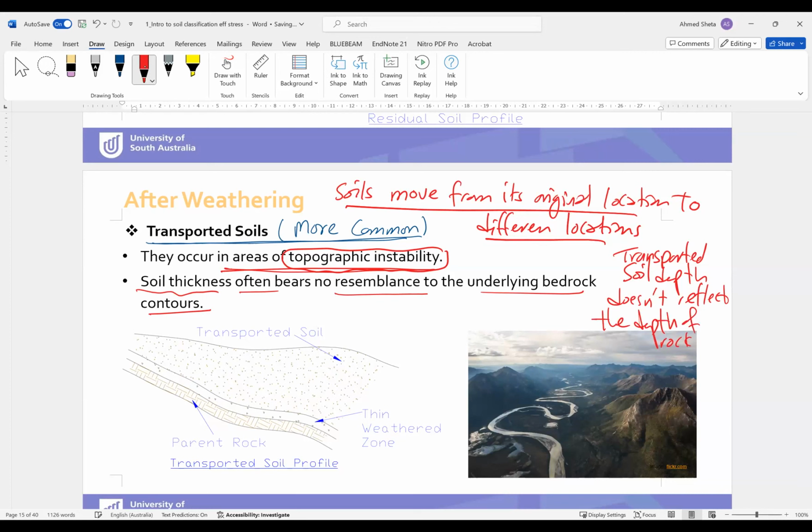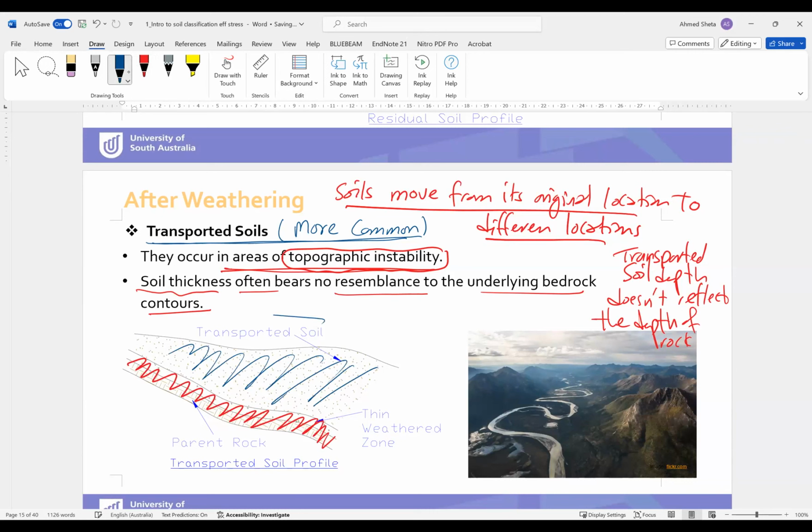Also, if we consider the properties of the layers, this is our parent rock or original layer, and this one is the transported soil layer. Is there any relation in properties between these two types of soils?